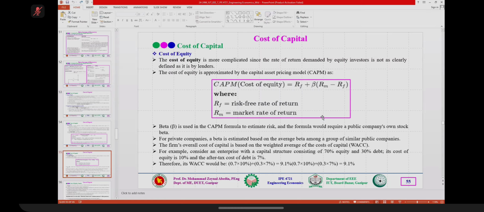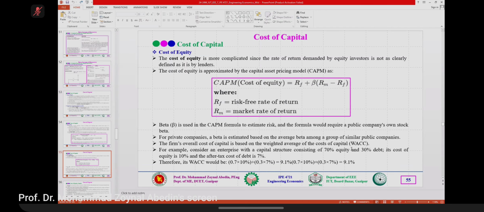And as it is 30% debt, 0.3, and the cost of that is 7%, so 0.3 times 7. So the total value is, I think, 9.1%. If you calculate it, you'll get it. So in this way, we can calculate the weighted average cost of capital. So cost of capital is a term that contains the cost of equity and cost of debt.